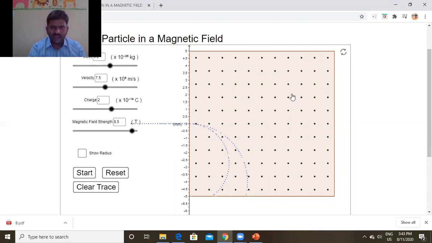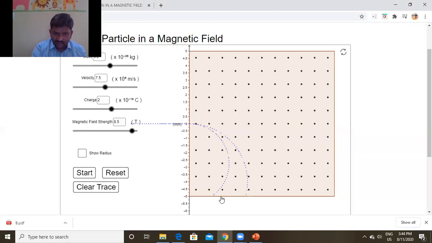This screen is perpendicular to the magnetic field. We said the dots indicate the magnetic field is perpendicular. That means the motion of the charged particle is perpendicular to the magnetic field. It is clear. And also the motion of the charged particle is perpendicular to the velocity. Wherever on this curve you take a point and draw a tangent, it gives the velocity direction of the particle. It is the circular path.